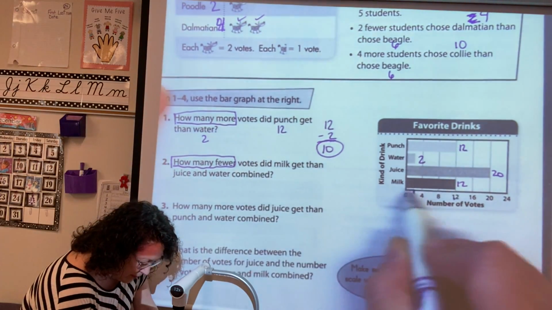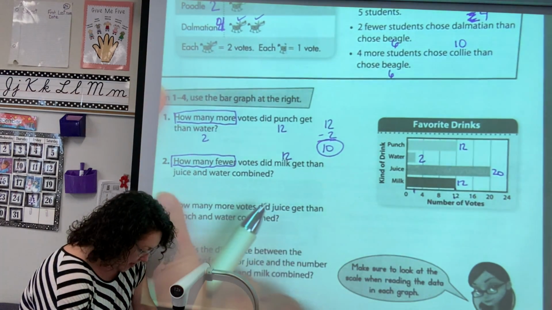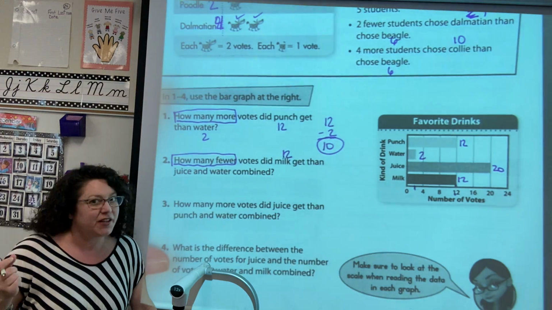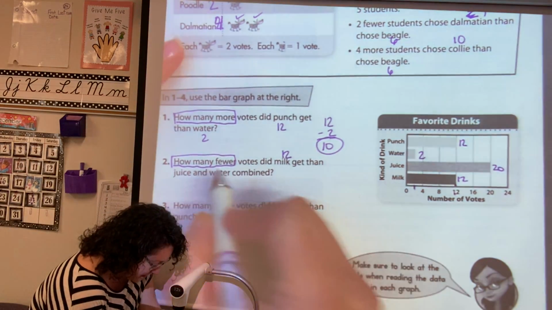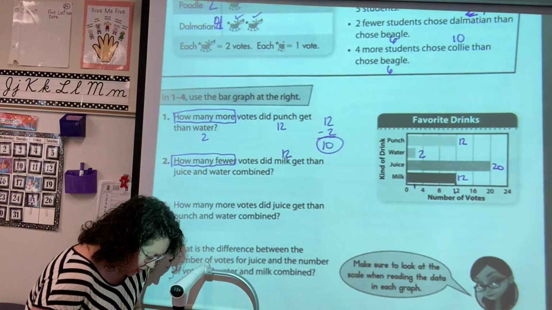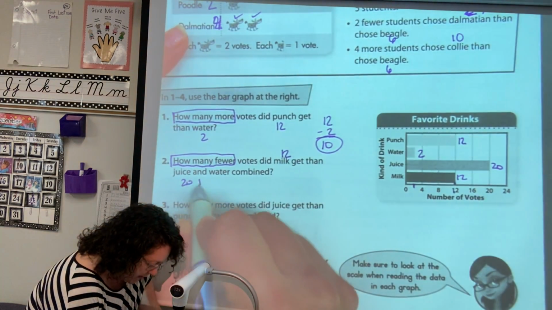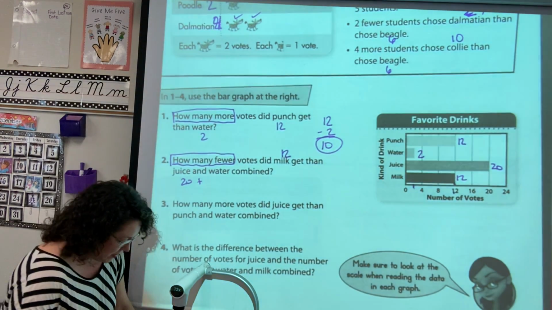How many fewer? That also tells us we will be subtracting, because fewer means smaller. Did Milk get fewer than Juice and Water combined? Well, Milk got 12, so I'm going to write it here. Not just Juice, not just Water, Juice and Water combined. So Juice got 20. Combined means put together, so you have to add those 2 up first.